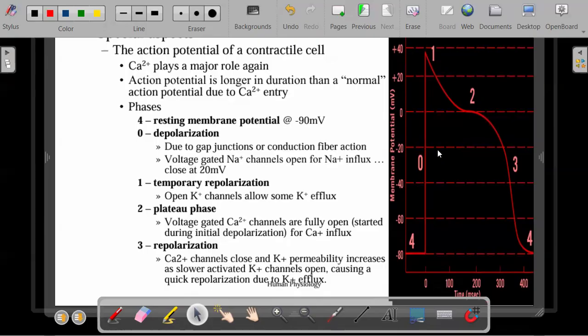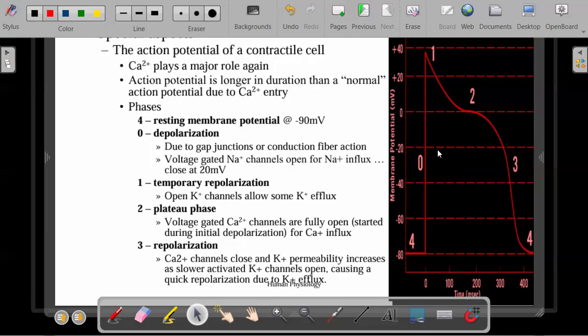Potassium leaves the cell rapidly through the potassium channels. This causes a quick repolarization. The membrane potential will return towards negative 90 millivolts, back to its resting membrane potential.